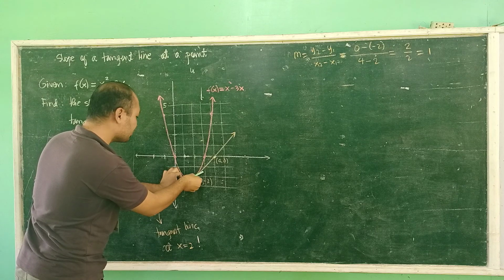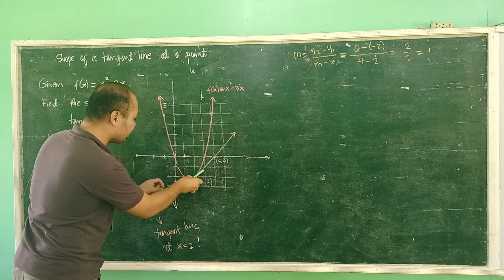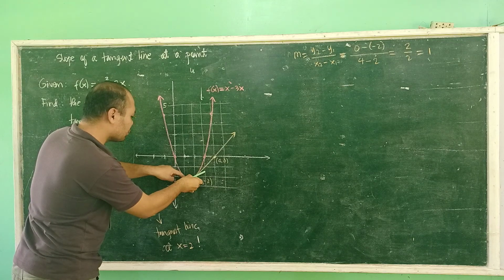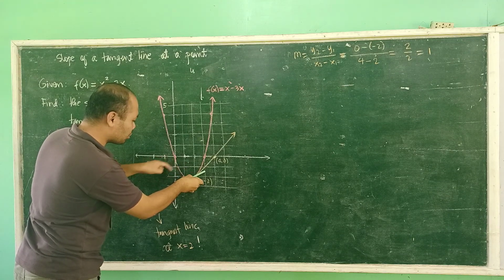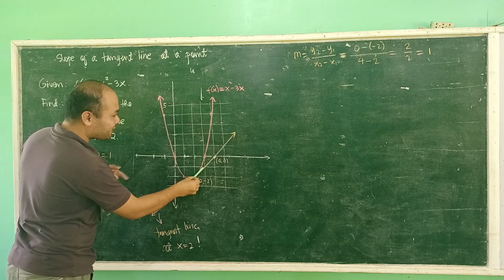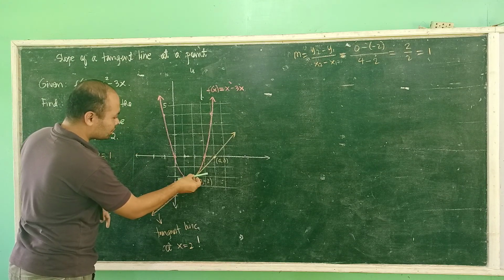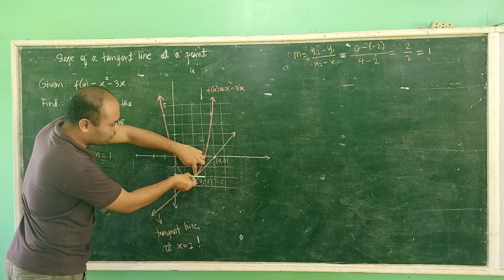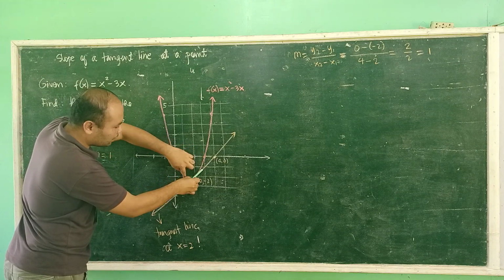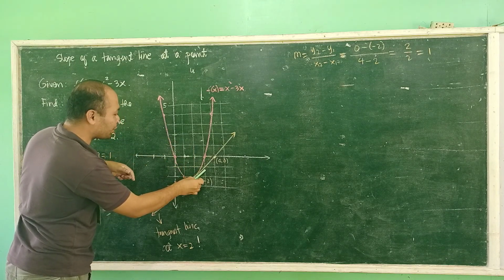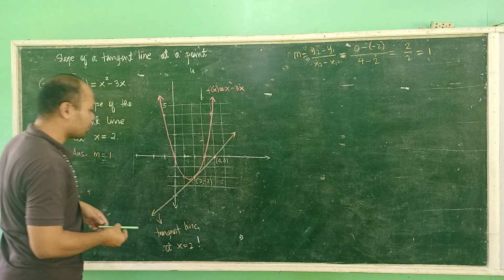So eventually, if you make this point move nearer to x equals 2, it's like you are already duplicating the tangent line. You fix that point here, then you move gradually to this point. So you are able to duplicate, or superimpose, the tangent line.